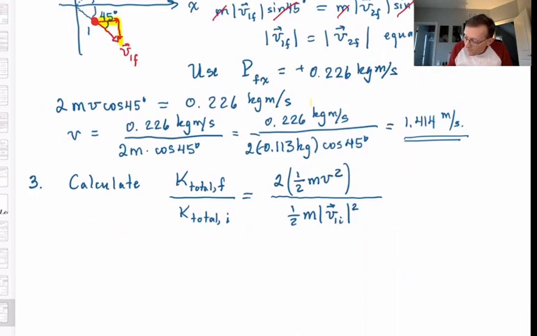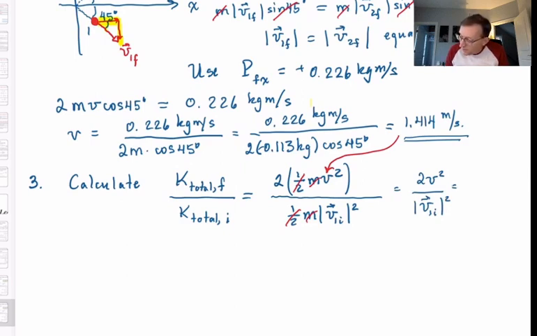At 1.414 meters per second. Now note, by the way, there's a 1/2 upstairs and a 1/2 downstairs. So this expression, oh, and the m's cancel, of course. So this expression really is 2 V final squared over the magnitude of V1 initial squared.